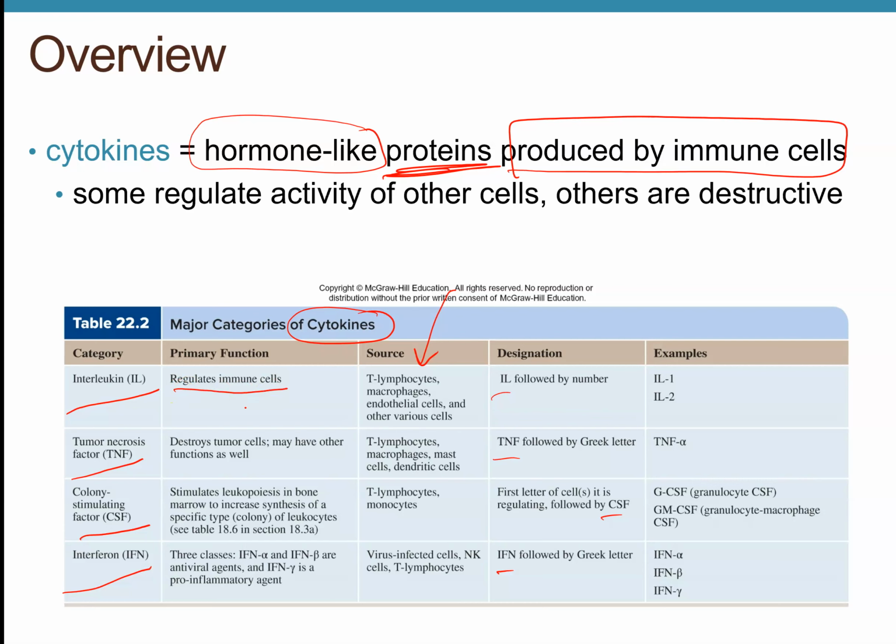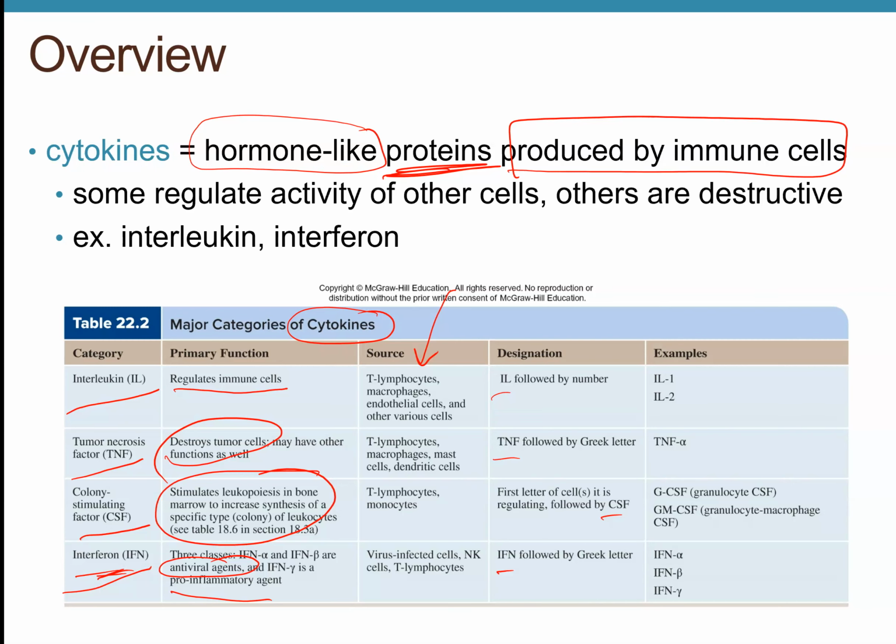Regulates immune cells for the interleukins, but destroys tumor cells for the TNFs. Stimulates bone marrow to produce leukocytes, and antiviral, interferons, and pro-inflammatory, so that's helping to regulate cells and being destructive. So interleukin and interferon are the two that we're going to focus on.